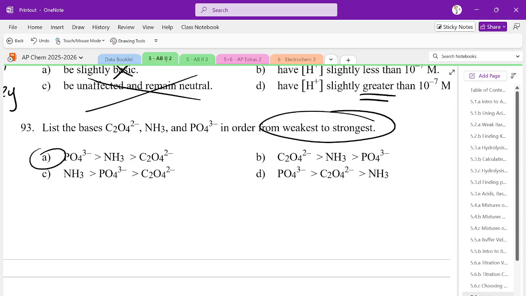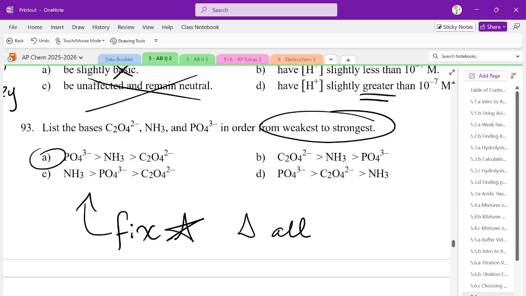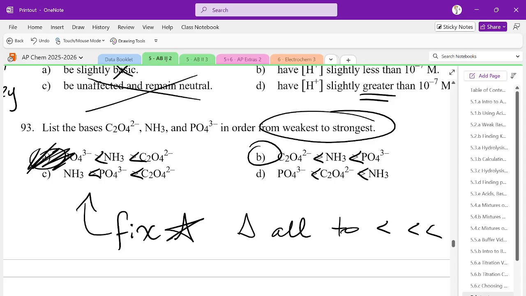It's B? Yeah. Okay, so all my little greater than signs are all wrong. So I need to fix and change them all. Wait, so PO43 minus is the strongest because it's at the bottom of the table.